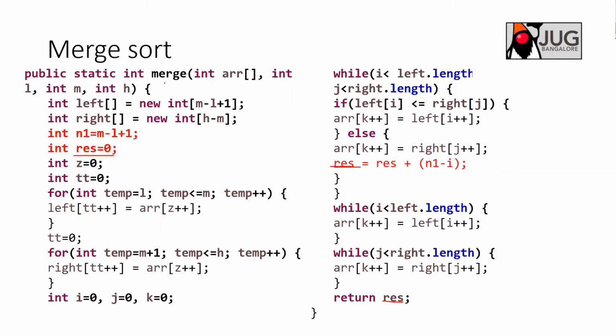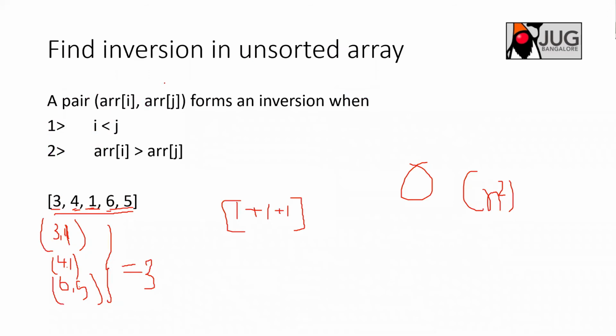If you tell an examiner that this is what you're going to do, the examiner will not be happy with this, because this is big O of n square. Nobody will consider this solution. This is fine for people with 1 to 3 years of experience, but after that the expectations will be more, and they will expect that you do it in big O of n, or I can say not big O of n square time.